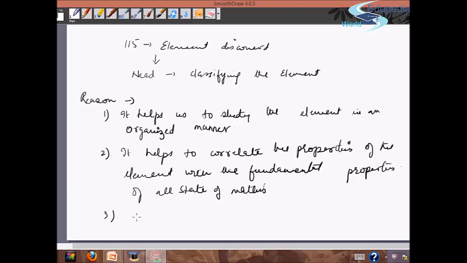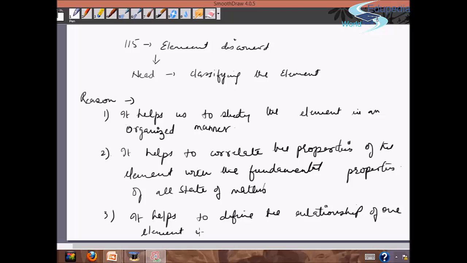And lastly, it helps us to define the relationship of one element with another.